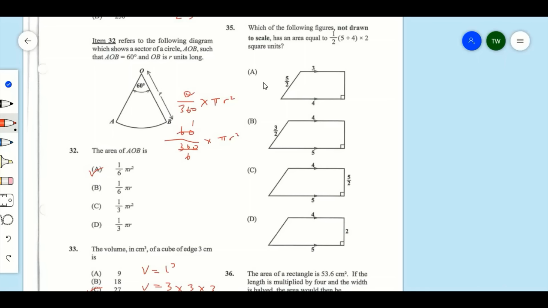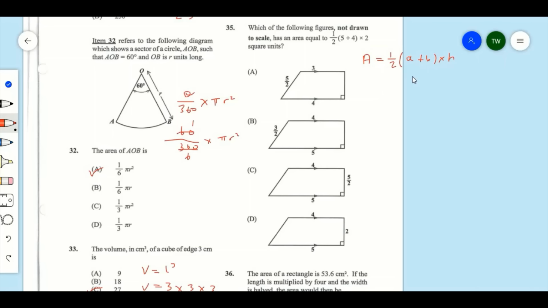Item 35. Which of the following figures, not drawn to scale, has an area equal to half times 5 plus 4 times 2 square units? Now note here that each of these shapes is a trapezium, and the area of a trapezium is going to equal 1/2 times A plus B times the height.